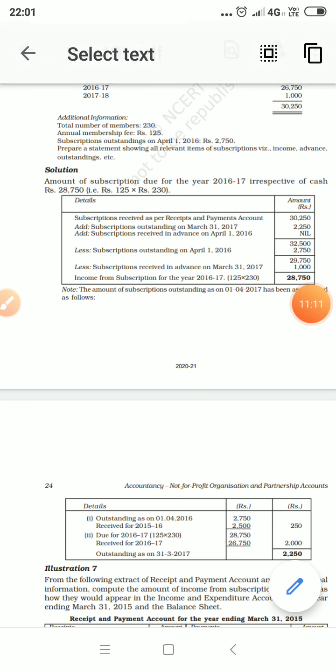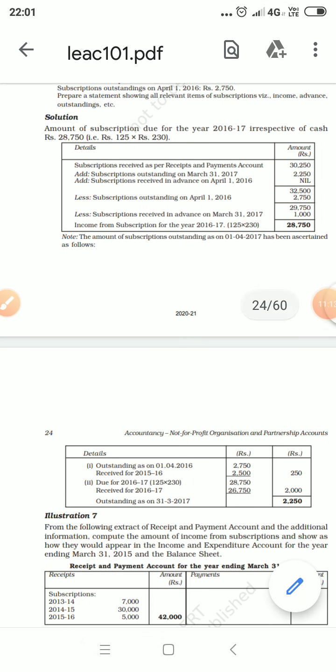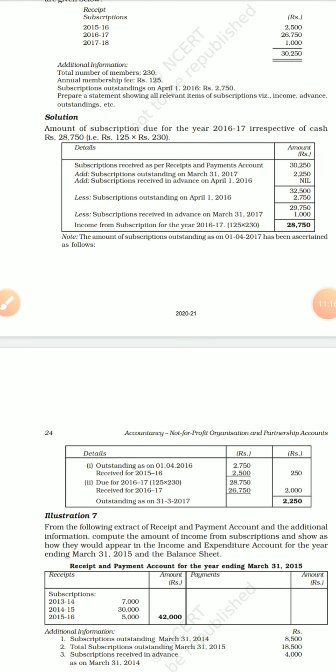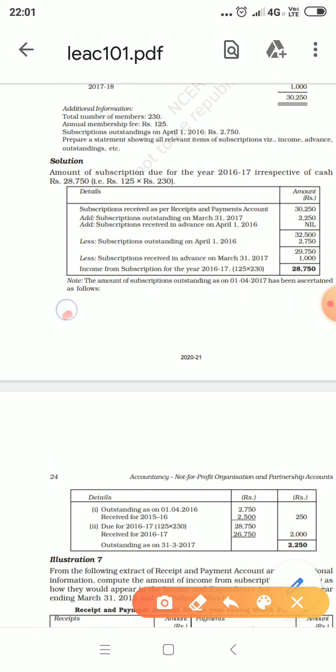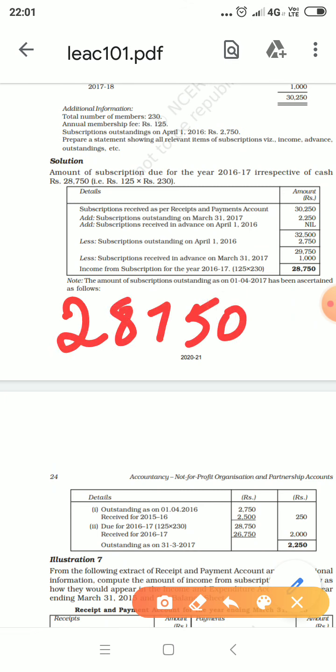See, we have arrived at 28,750. I hope you can see it here. So directly you can do like that. 28,750 is the total amount of subscription which we are supposed to receive.